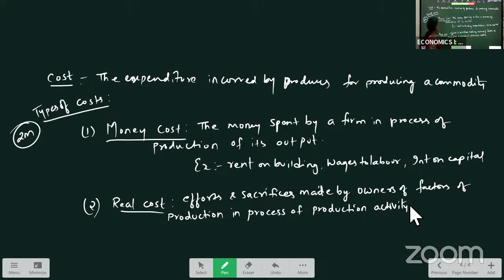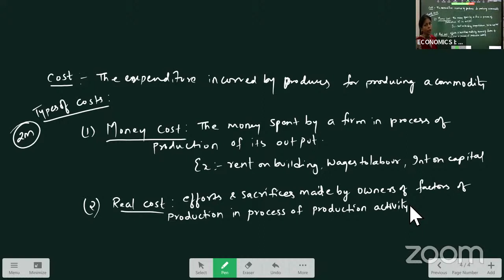This is called real cost. Real cost means we are not paying any money. How are we calculating the real cost here? The efforts and sacrifices which are made by the owners of factors of production.